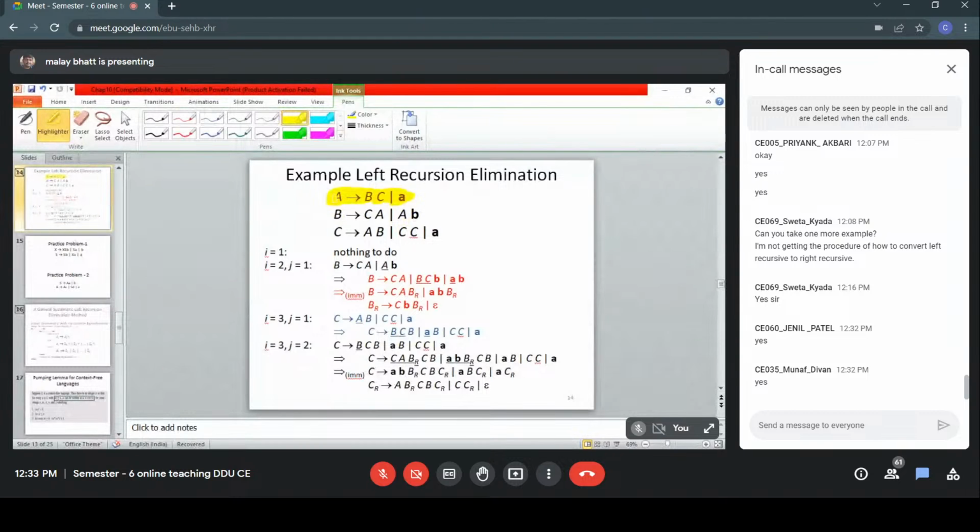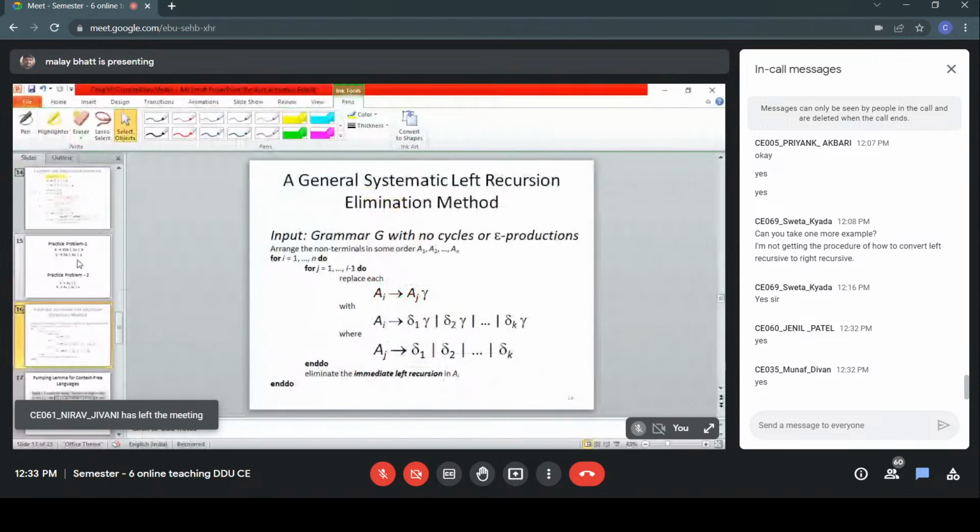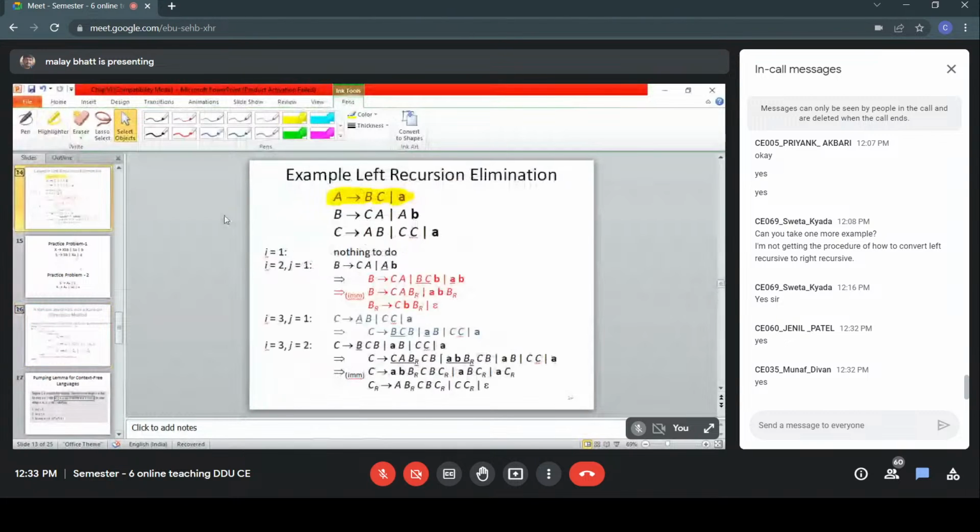As we have gone through the first rule, I can replace A in the second rule. Same thing we did in the previous example. If there is immediate left recursion, we have to eliminate it and then go to the next step. So here there is no immediate left recursion in rule 1. The detailed algorithm you will learn in the next semester, but here we are not going into that detail. You will learn more about it in the 7th semester. Right now we don't have that in the syllabus in your textbook, so we are not doing that.